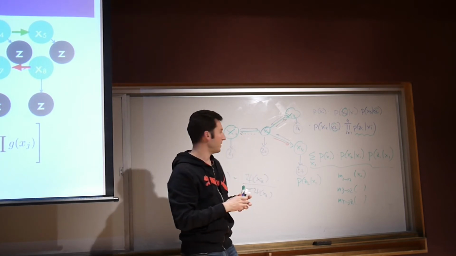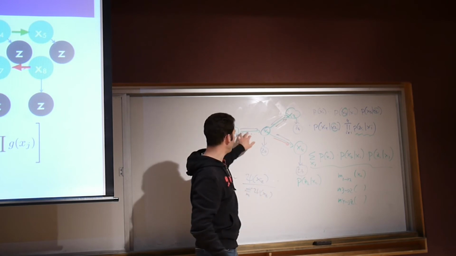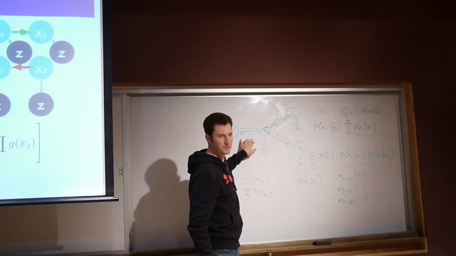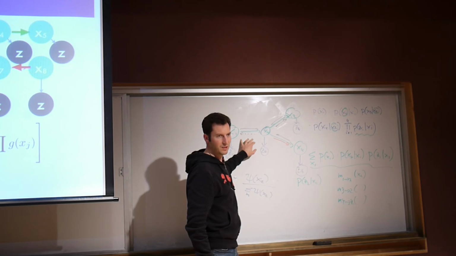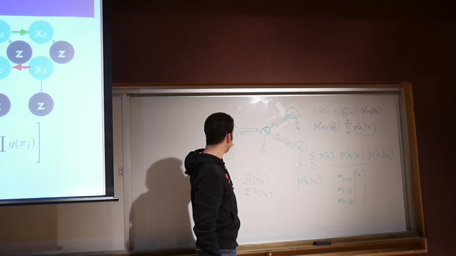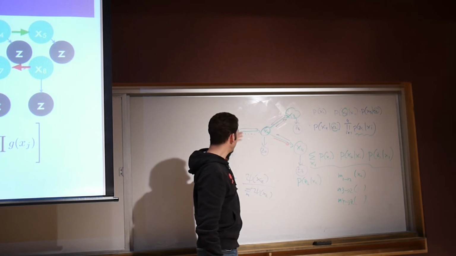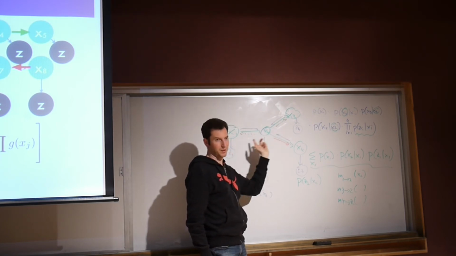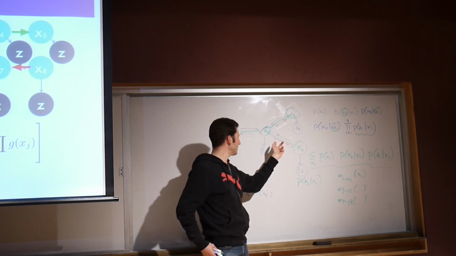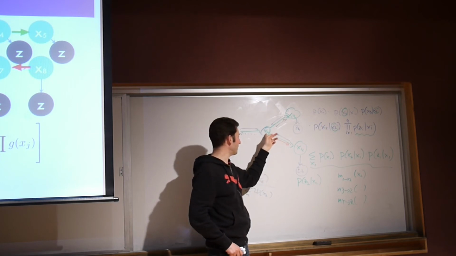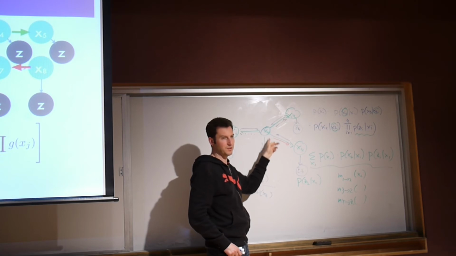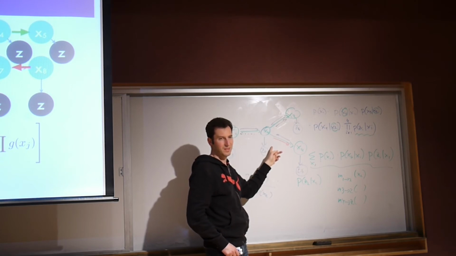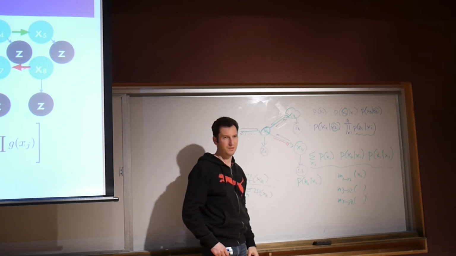So what you see is basically you only need to compute a message in both directions once, and that's it. And to get the marginal probabilities, all you do is you take all the incoming messages, multiply them up, multiply them with whatever potential you have that only depends on the variable that you're interested in, nothing else. And that gives you the unnormalized probability.